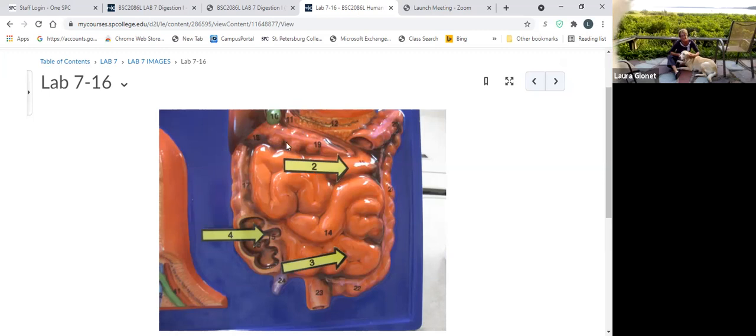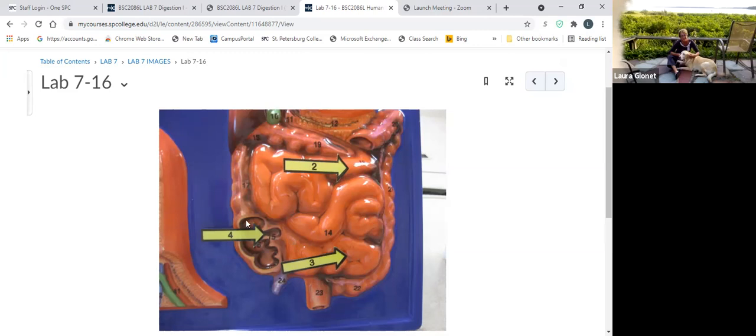But if we point a little farther down this long tube system, maybe where 2 is, or even farther to the left-hand side, that's number 13, that is the jejunum. Toward the end of this long coiled system, the narrow small intestine merges with the large intestine there at 4. So region 3, the terminal or distal end of the small intestine, is the ileum.